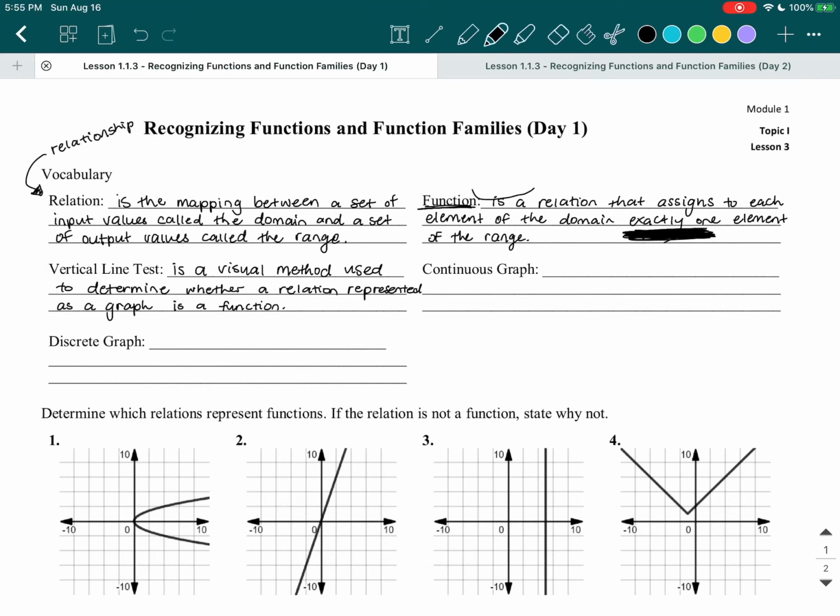Okay? And we're going to be using the vertical line test on those graphs for 1, 2, 3, 4 later. But let's write the other definitions first.